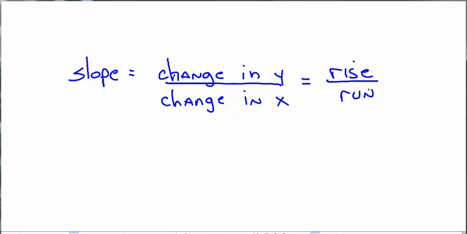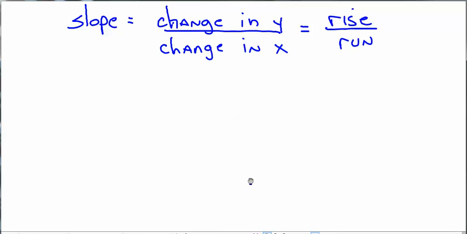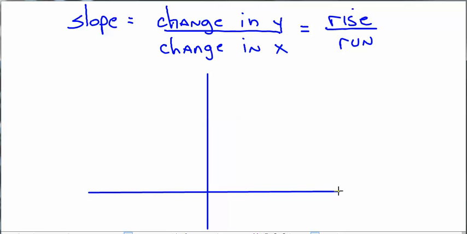So look at problem 2, finding slope using a graph. If you're going to find the slope of a line using a graph, that's the easiest way because you can just count. If you got a graph and this is 2 and 4, negative of course, 2, 4, 6, 8, 2, 4, 6.